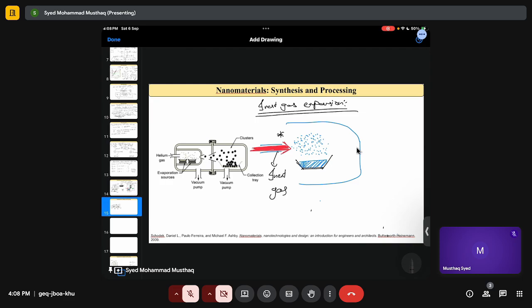Whenever you are purging high pressure gas, it will first carry the vapor away. Now I am trying to open it.